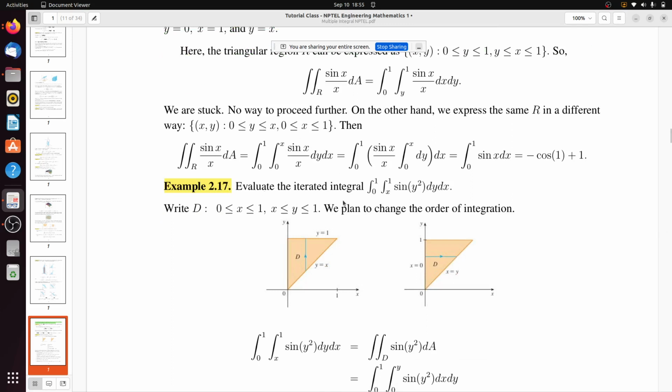Similarly, just evaluate the iterated integral from 0 to 1, x to 1, sin y square dy dx.